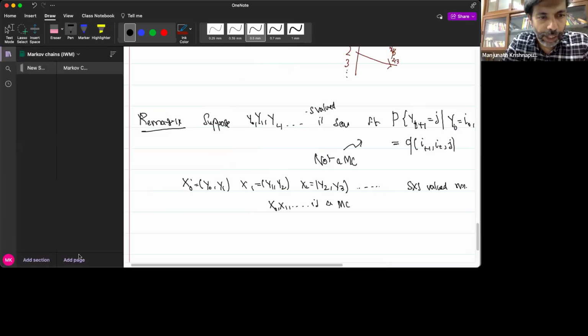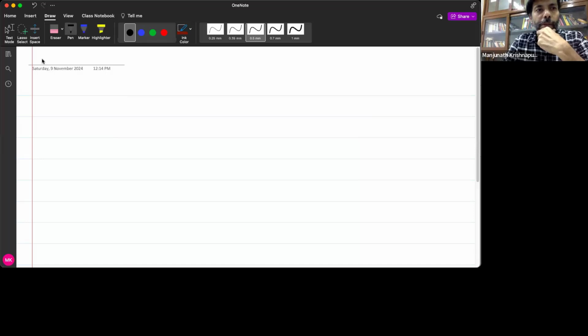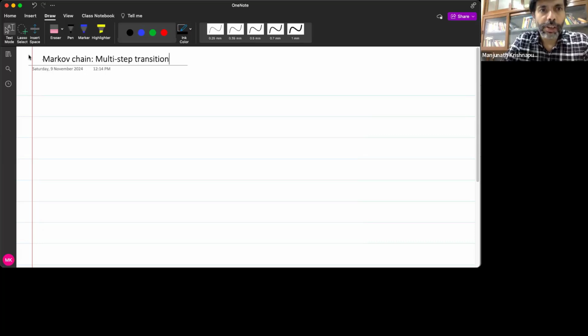Okay. So I will now go to the next point. Multi-step transition. So far we have only given examples and so on, so let's do some calculation in general.